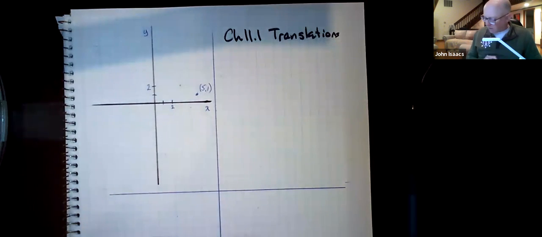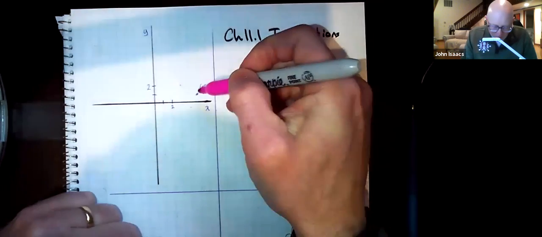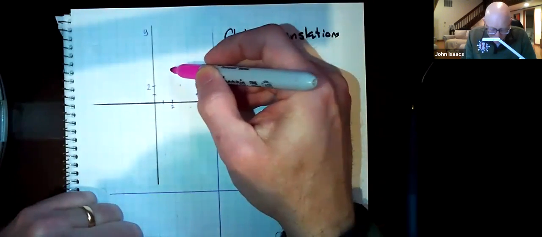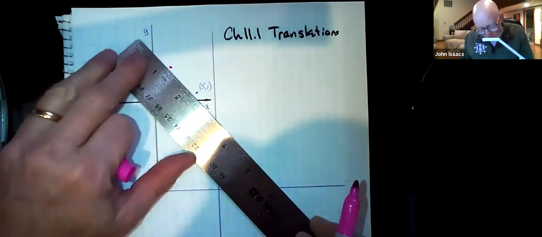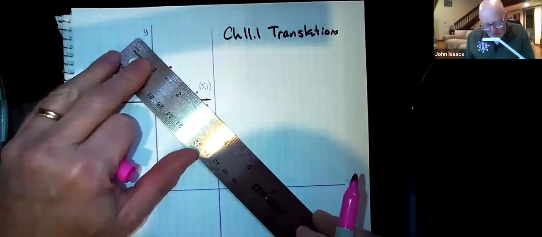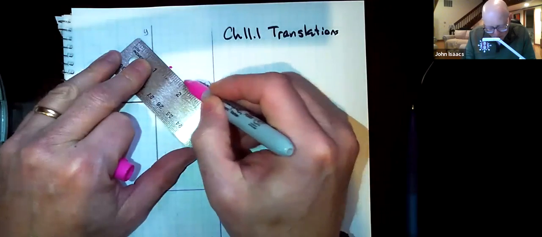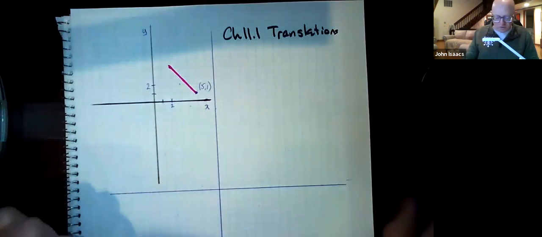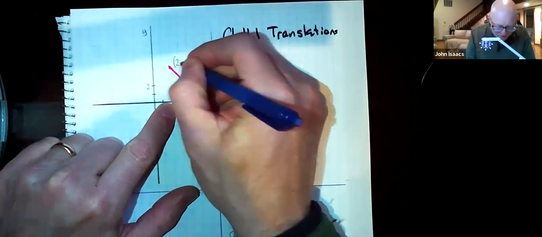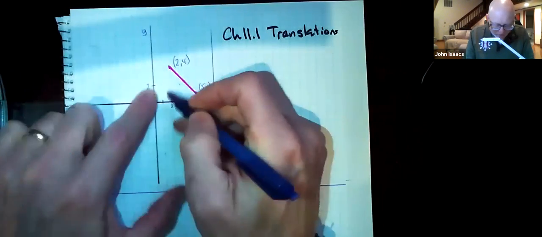Let's say we have a line that goes from this point to this point. Say it goes from here to here. So here's a line. This is just a quick example of a translation. So this line goes from 5, 1 to 2, 4. This point is 2 in the x direction, 4 in the y direction.